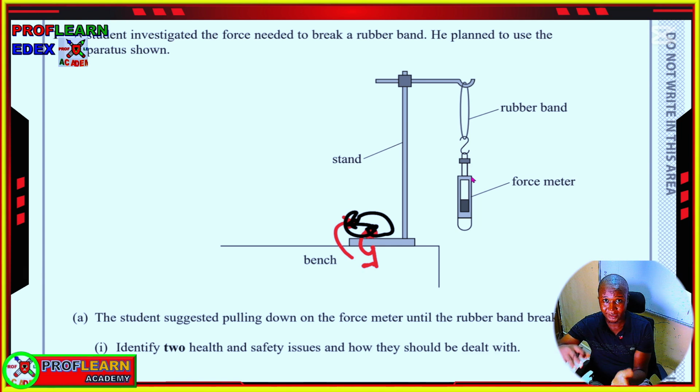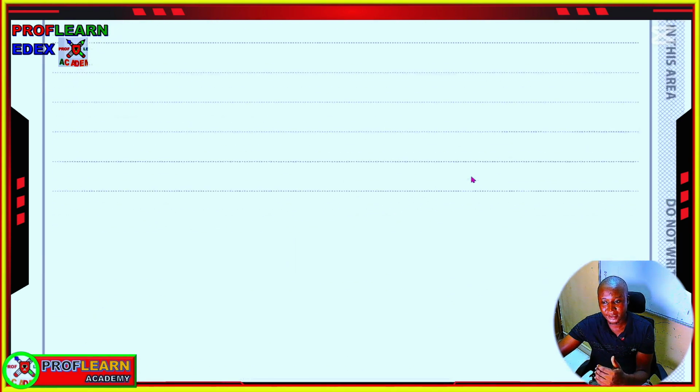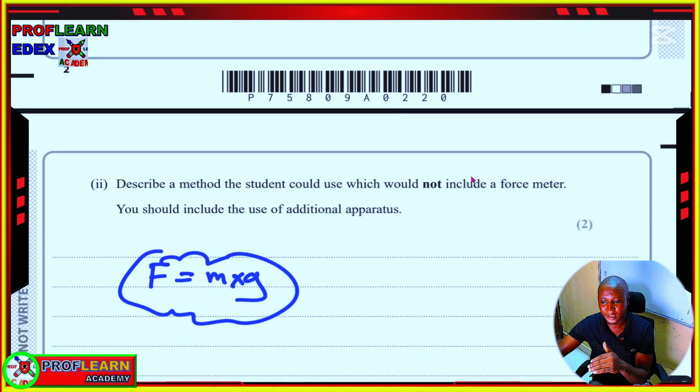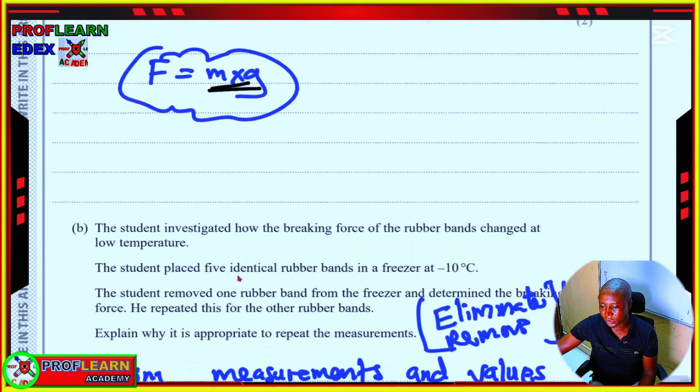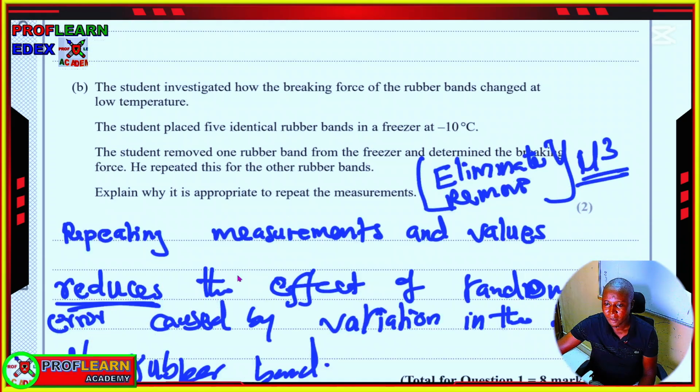Remember, when you add the mass, it will keep on stretching until you reach a given mass that will make it break. Once you have gotten that mass, you can calculate the force that breaks this rubber band using the formula mass times gravity. That is what you're supposed to do in that case.